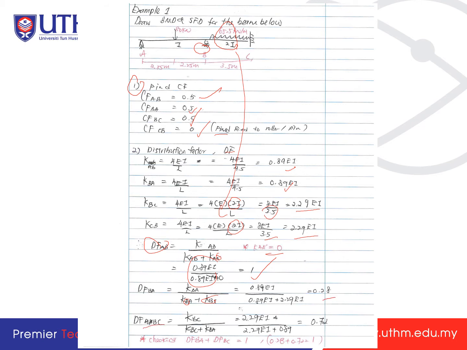And then DF BC is KBC over total K at point B. After you put in the value, you calculate, you get 0.72. So for checking, total DF BA and BC must be 1. It means that when you have a load here at B, it distributes to here 0.28 and to here 0.72. Total must be 1. The moment distributes 0.28 to the left and 0.72 to the right.